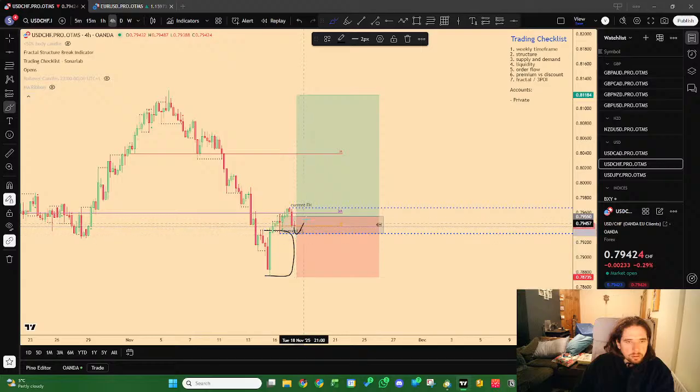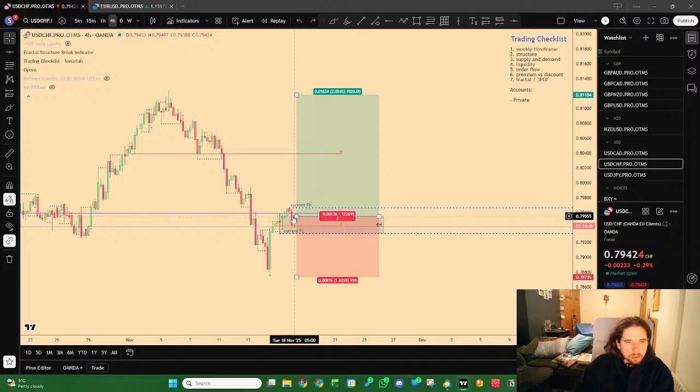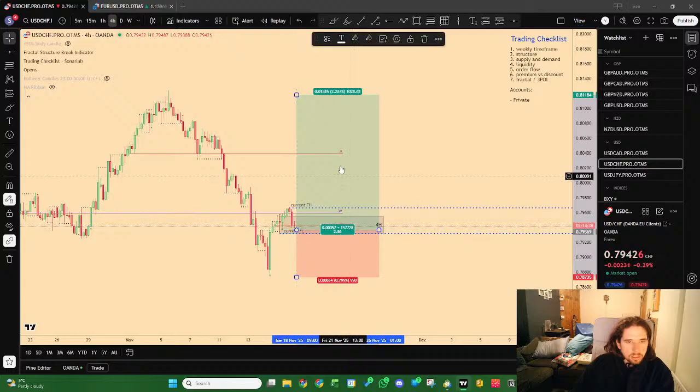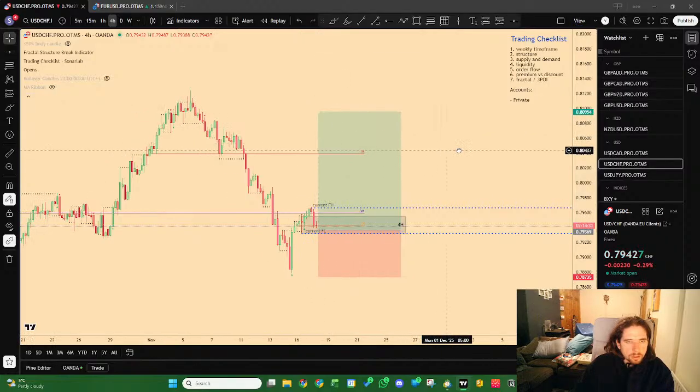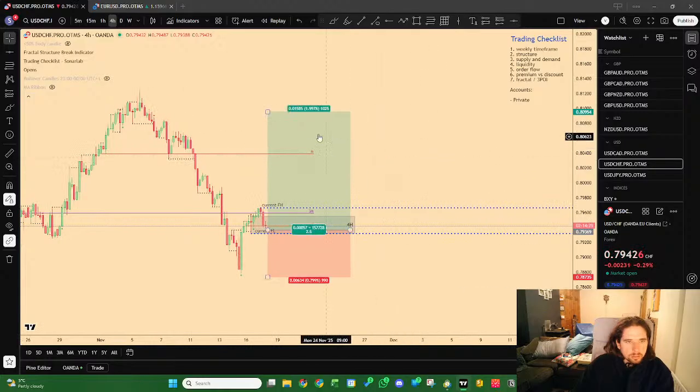Could just tag into it again and then make our way up. So we could actually put that limit there. Target that more.